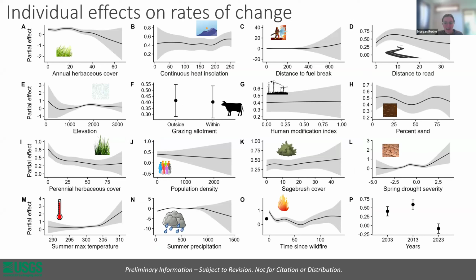Rates of change are elevated under high summer temperatures, elevated under high drought severity, and suppressed with higher summer precipitation. Also, immediately following wildfire, rates of change are elevated, but that effect diminishes over time, which is consistent with what we see in the literature, and becomes more similar to unburned as time goes on.